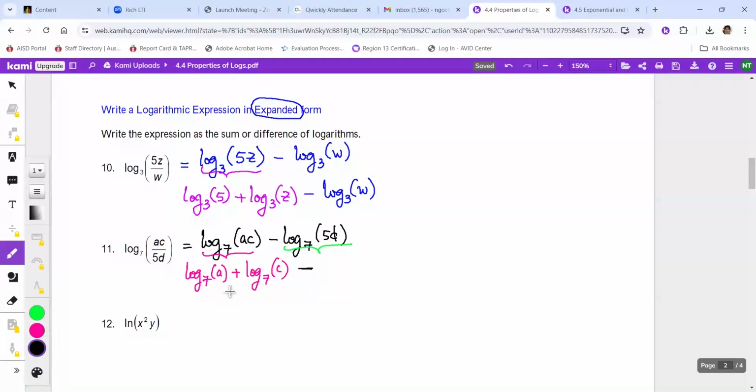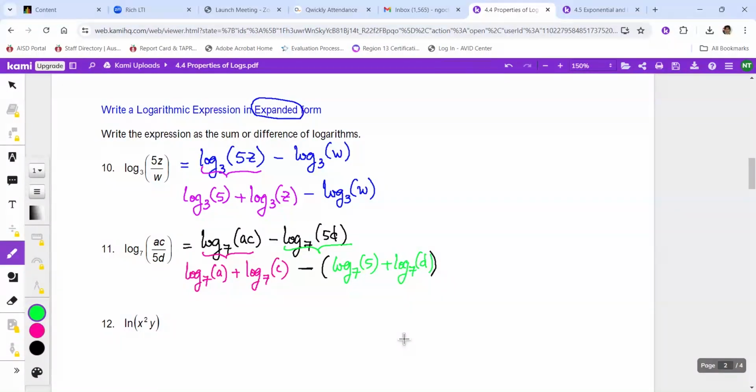So we have the minus, which means we still have to do an extra step to expand it. So I'm going to put the minus, put the parentheses, and inside the parentheses, I'm using a different color code to help you out. I'm using the green color right here. Again, we're using the product property. So that will give us log base 7 of 5 plus log base 7 of D.